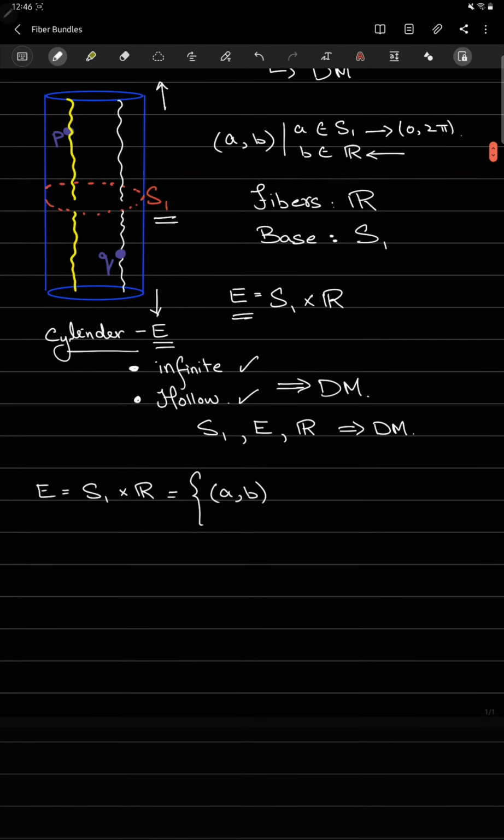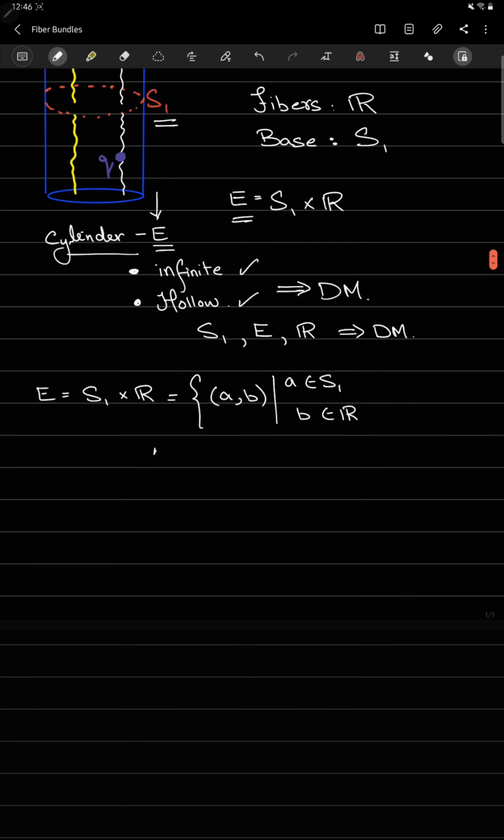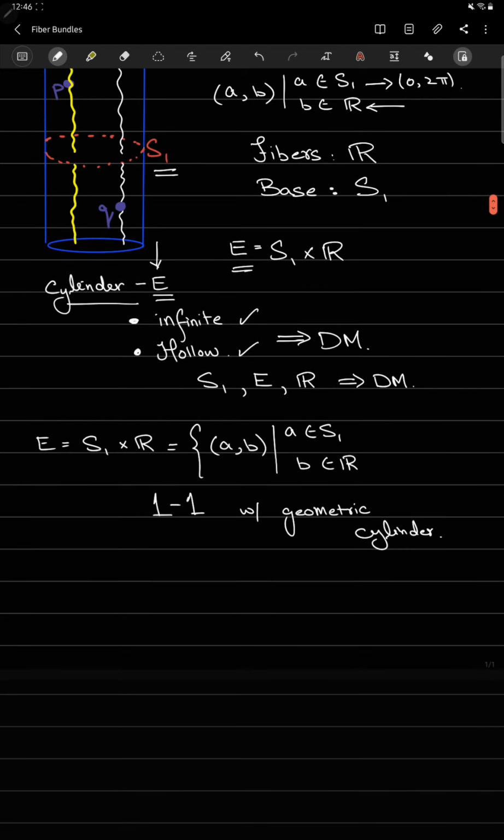So coming back here, we can define the cylinder as a set of points A and B such that A belongs to S1 and B belongs to R. Now, this definition is a one-to-one correspondence with the geometric cylinder. What that means is that this definition for a cylinder is actually the cylinder.